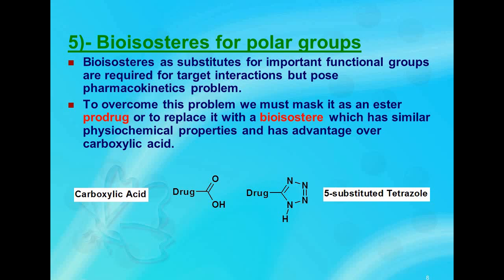Therefore, the advantage is that the tetrazole anion is 10 times more lipophilic than the carboxylate anion and thus better absorbed, and it also resists many of the metabolic reactions that occur on the carboxylic acid.